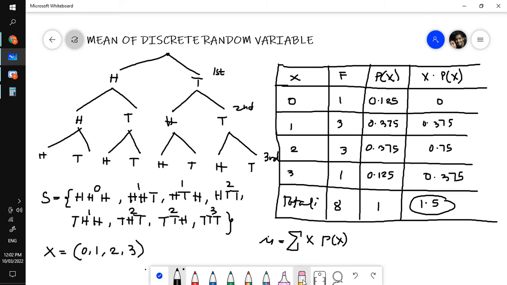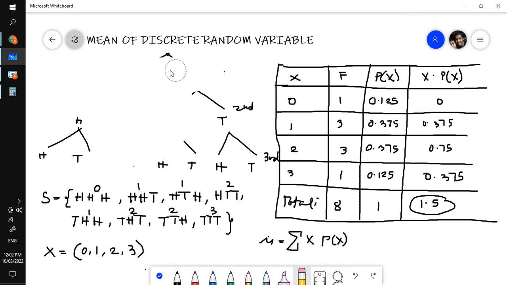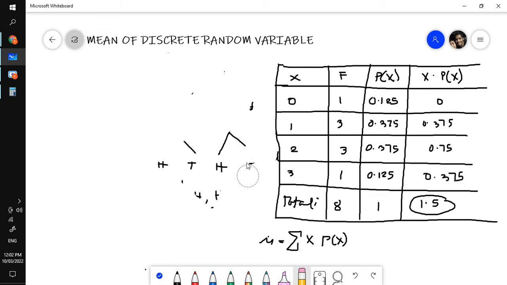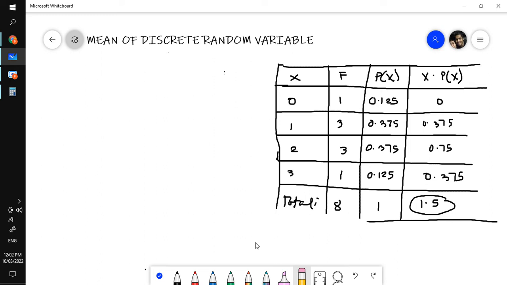Now let us try to check that by simply using the formula. We will directly use the formula. We'll calculate in here without using the table, for us to compare whether they have the same results or not. Okay, so let me do that here.